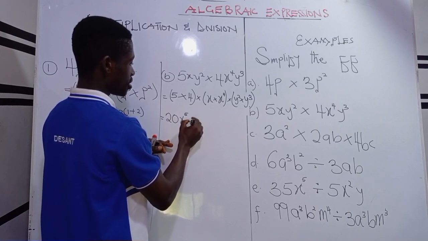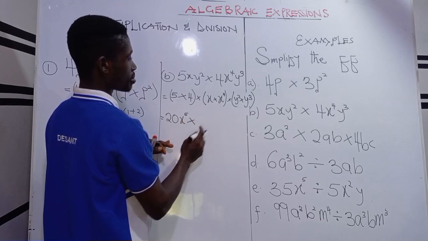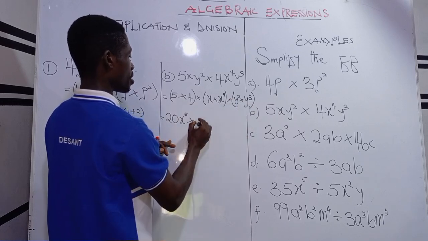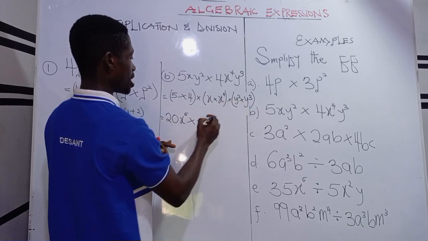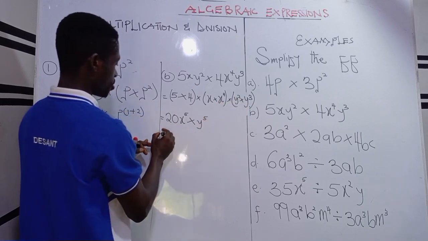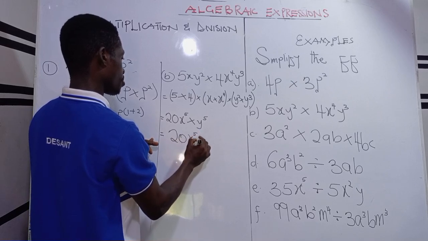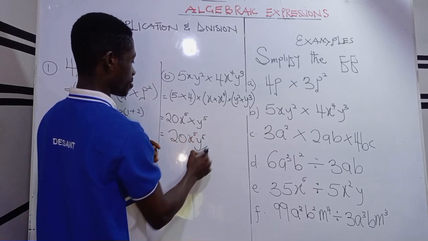Then we have y, since they have the same base and they are multiplying, we pick one of the bases and add the exponents, we have 5. So we are going to get 20x power 5 y power 5.